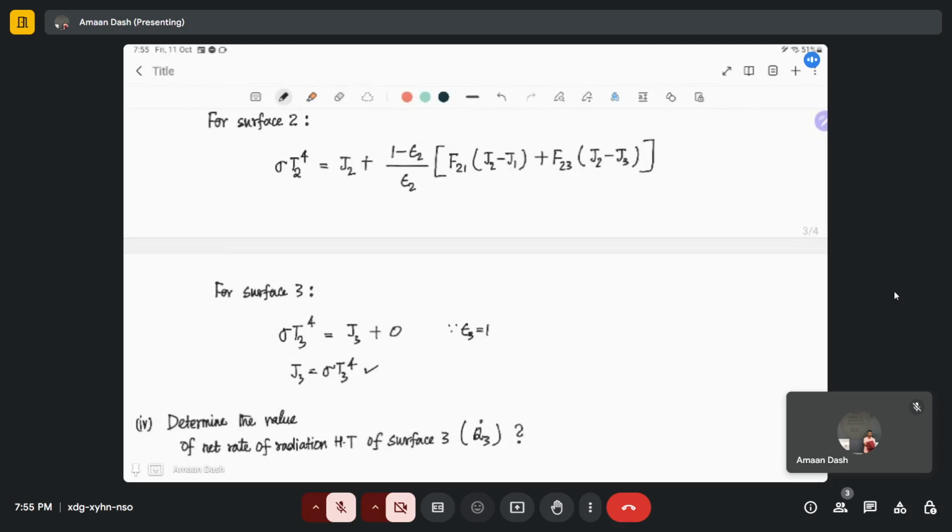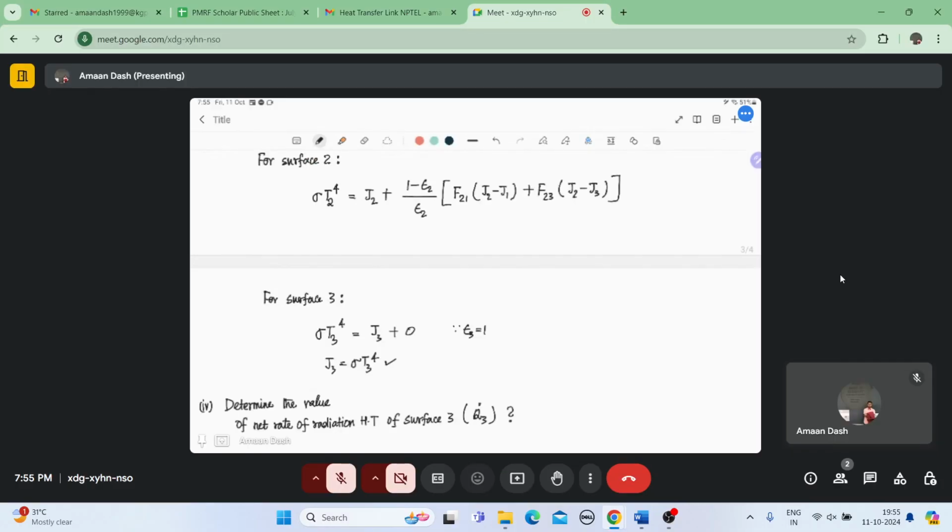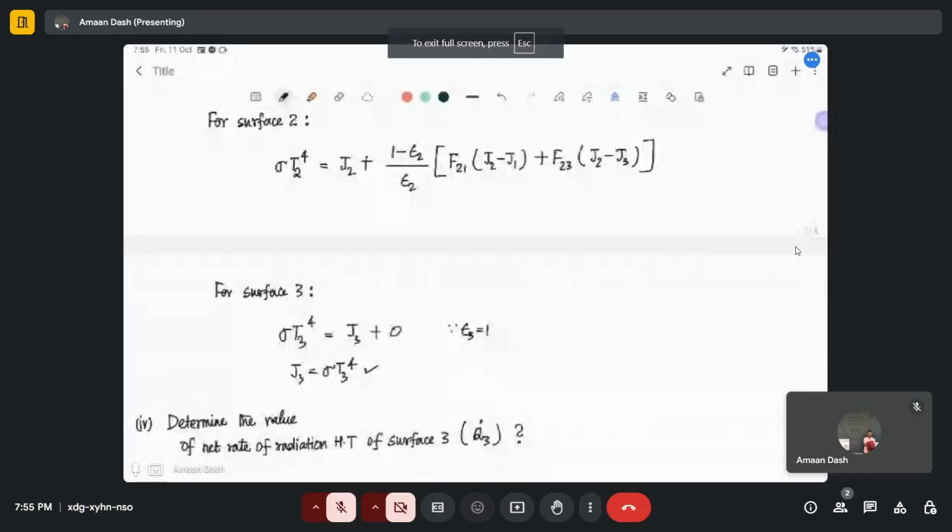Now you have all the expressions. So one thing you can calculate is the fourth part that we have, that is determine the value of net rate of radiation heat transfer of surface 3.